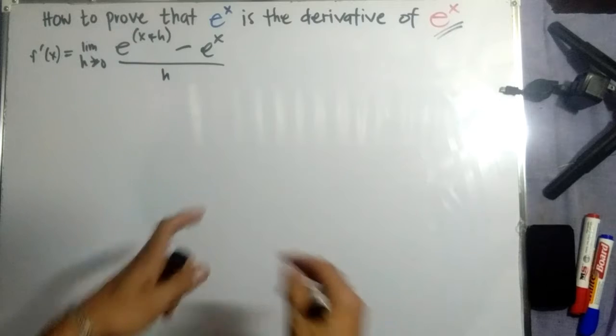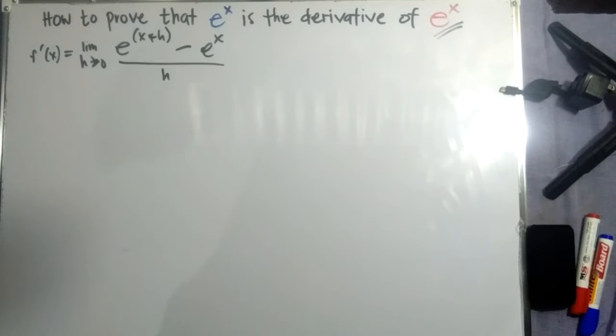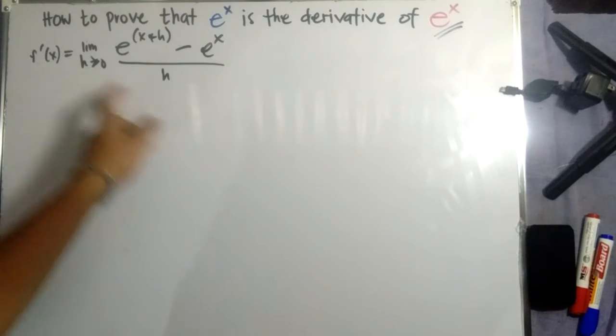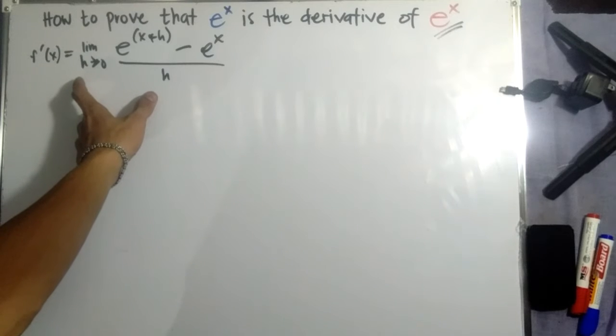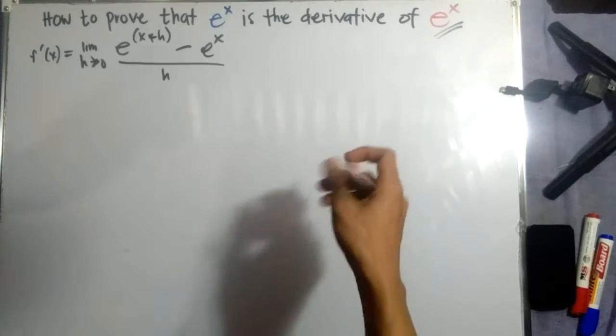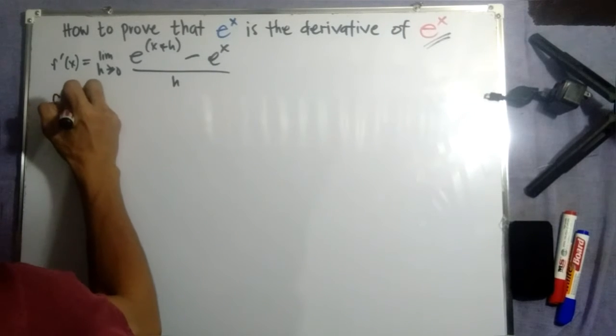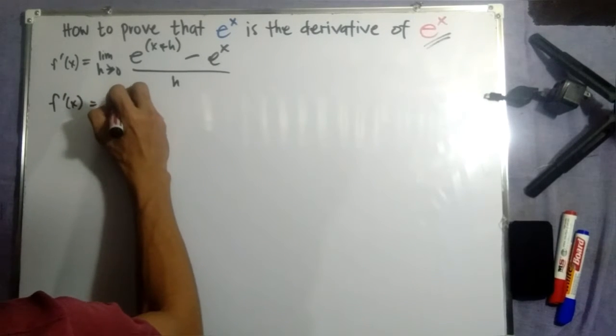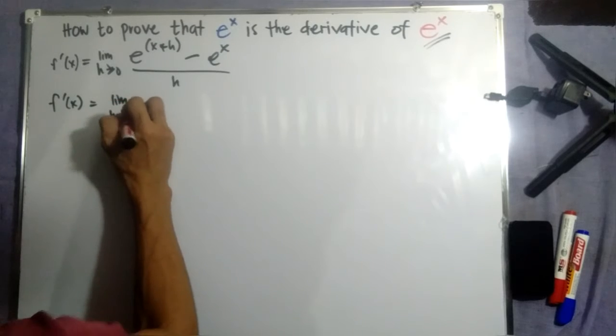Yun, kung i-substitute natin ng 0, maalanganin tayo, kasi it will cause value, or should I say, undefined. Yun. Sunod, copy, f prime of x is equal to the limit as h approaches 0.